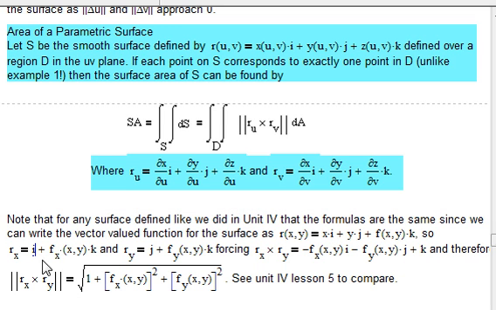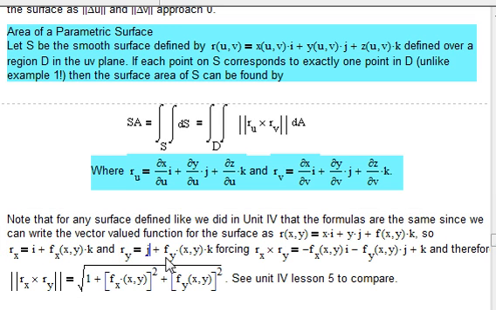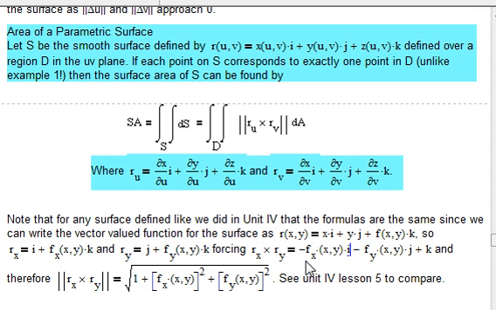And r sub x would be i plus partial with respect to x of f of x, y times k, and r sub y would be j plus partial of f of x, y with respect to y times k, forcing this cross product to be negative f sub x of x, y times i minus f sub y of x, y times j plus 1 times k.